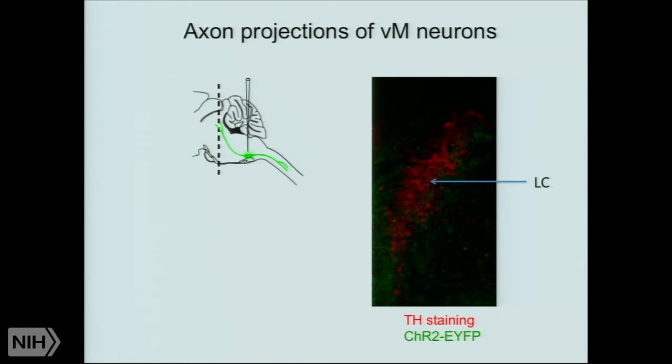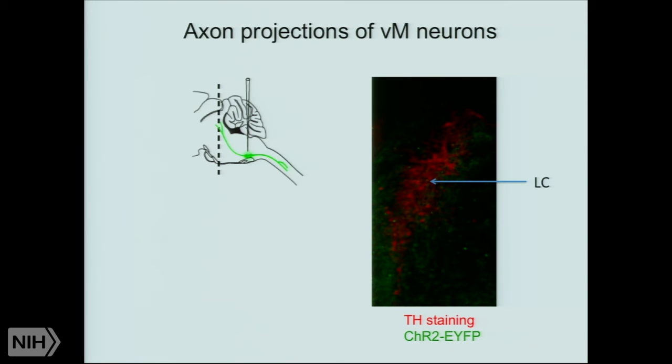So first we looked at the anatomy, and in fact we know from earlier studies that the GABAergic neurons in the medulla have two targets. Some of them project anteriorly to the pons, some project down to the spinal cord. When we looked at this anterior projection pathway, because we know that the pons is very important for REM sleep, we can see, for example, here, this is the locus coeruleus.